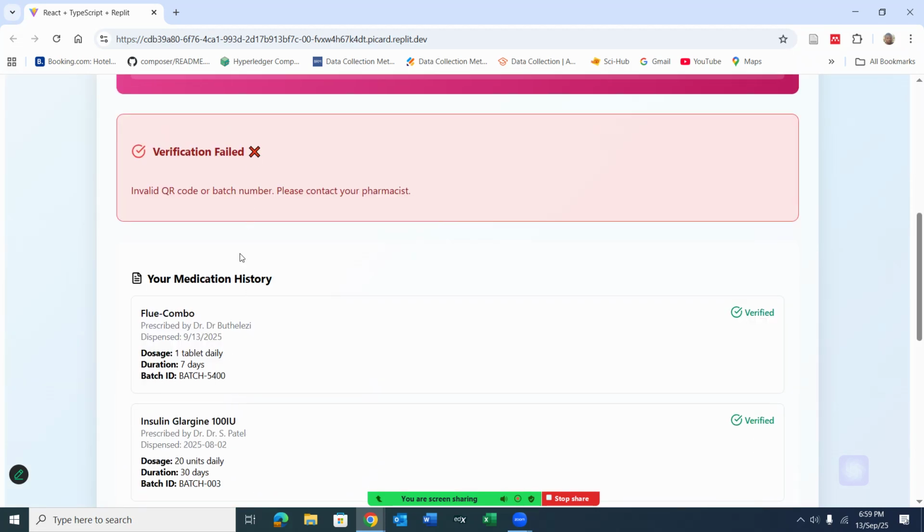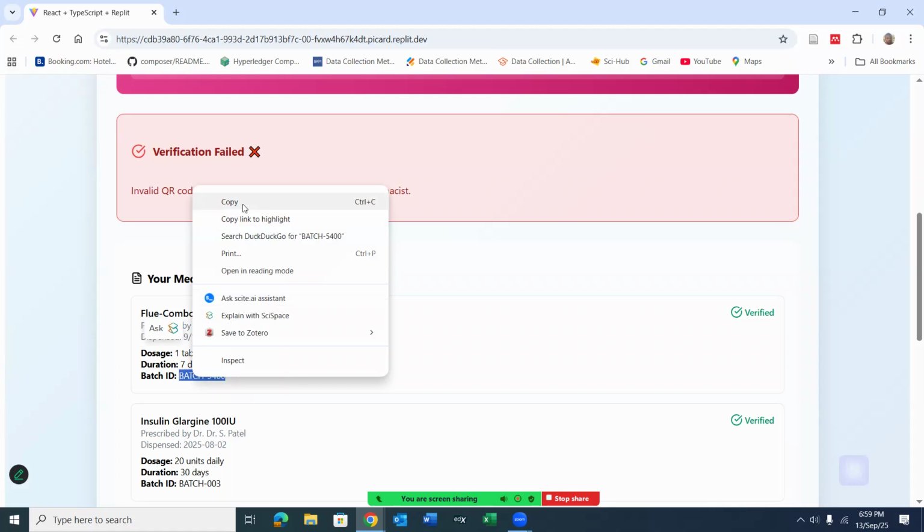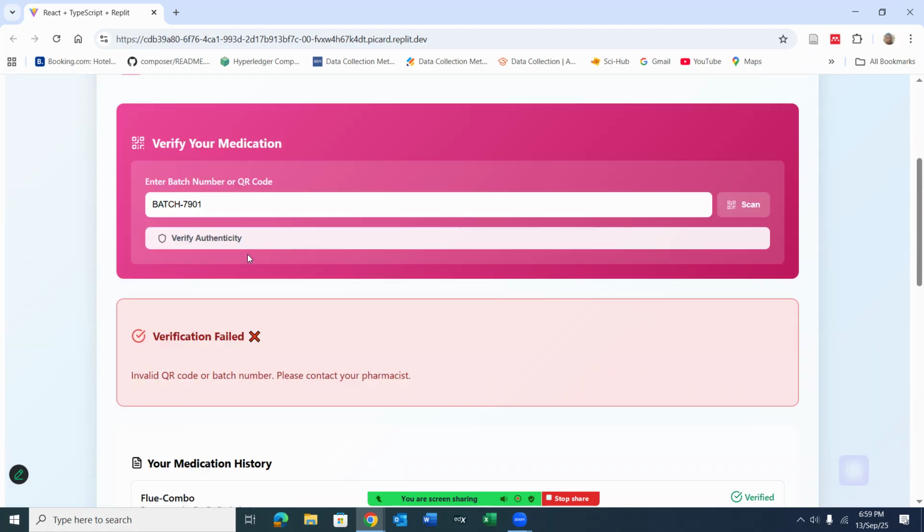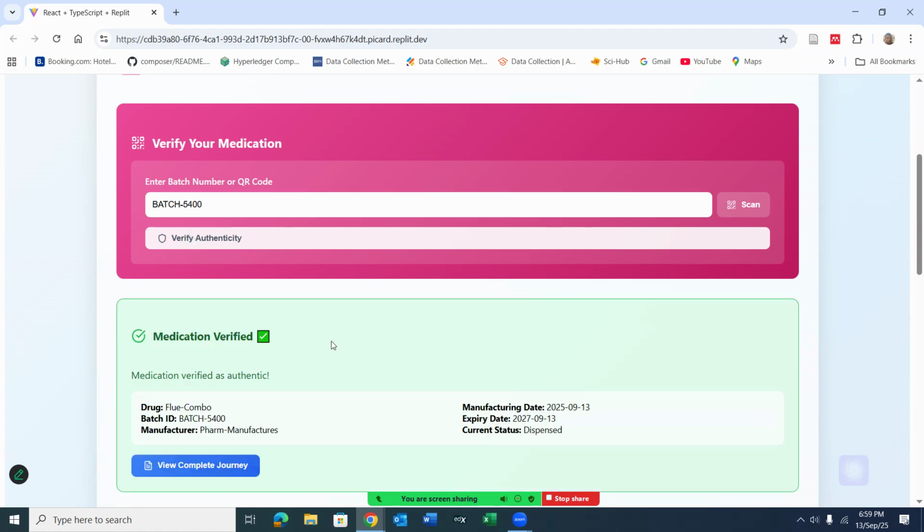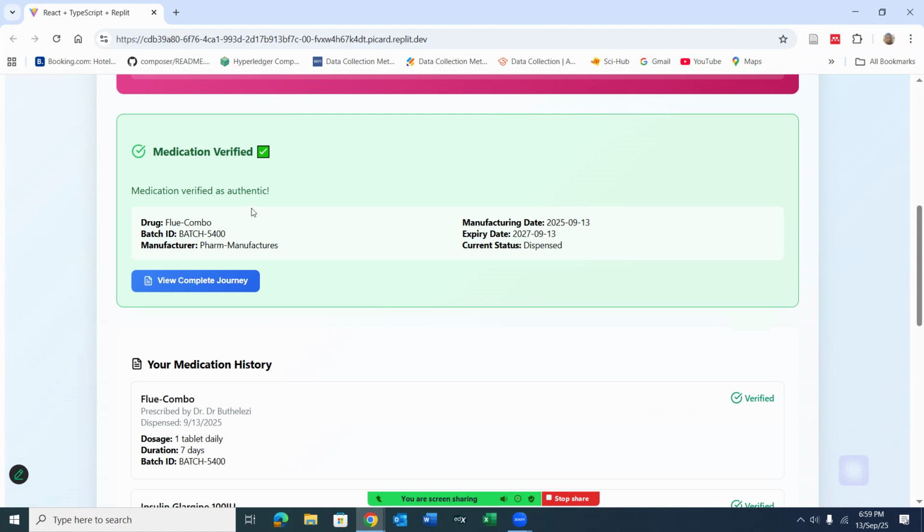However, if SIPO is still using the same batch number for the flu combo that was produced by the system during the manufacturing process, then they verify that. Then now the results are different. It shows that the medication is verified as authentic, and then this is the information about the medication. Then he can further go to the view complete journey.